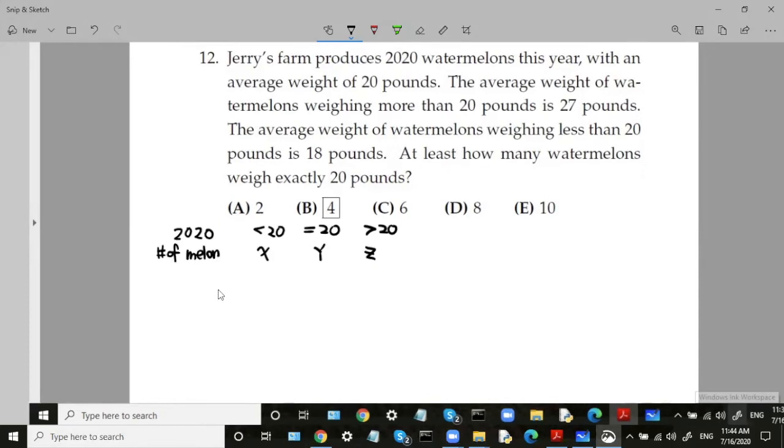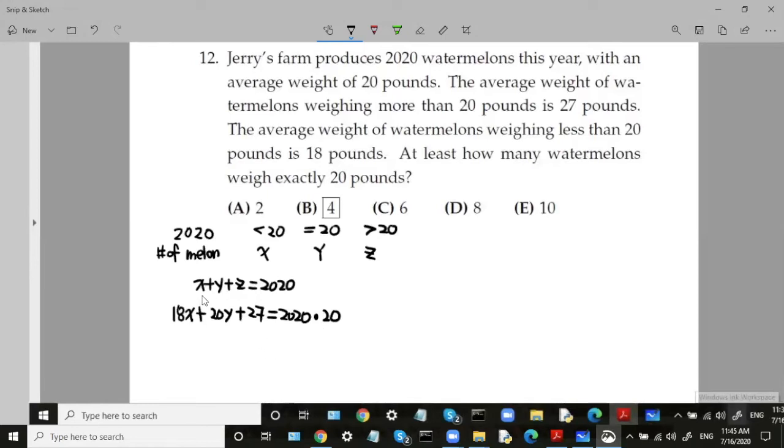So the first equation is x plus y plus z equals 20. And we can also set up the second equation: 18x plus 20y plus 27z equals 20 times 20.